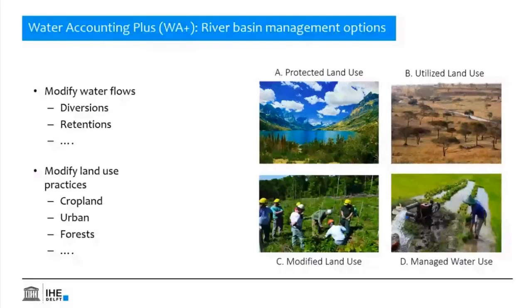So A is protected land use, B is utilized land use, C is modified land use, and D managed water use.